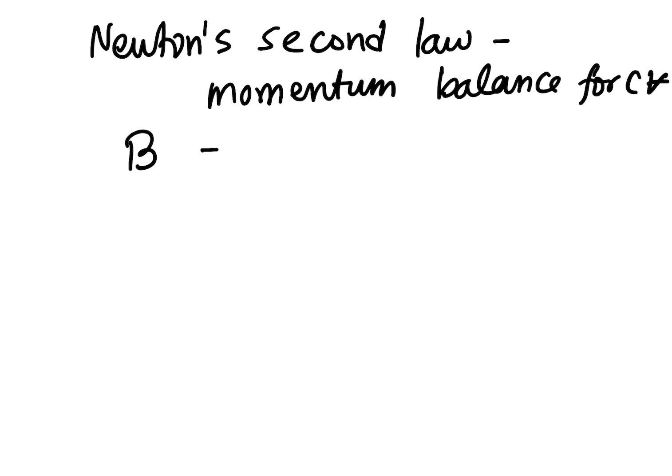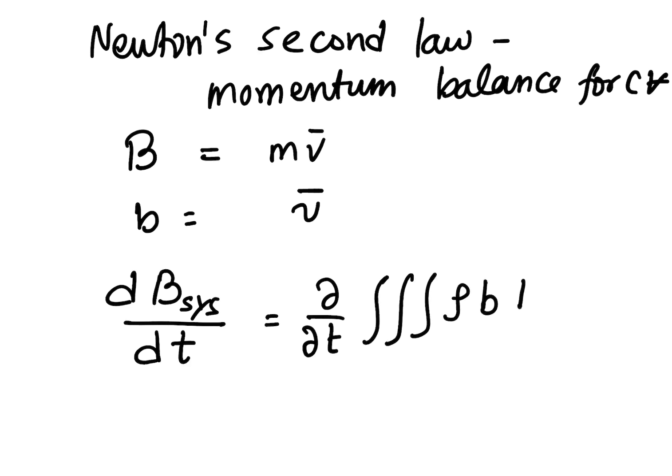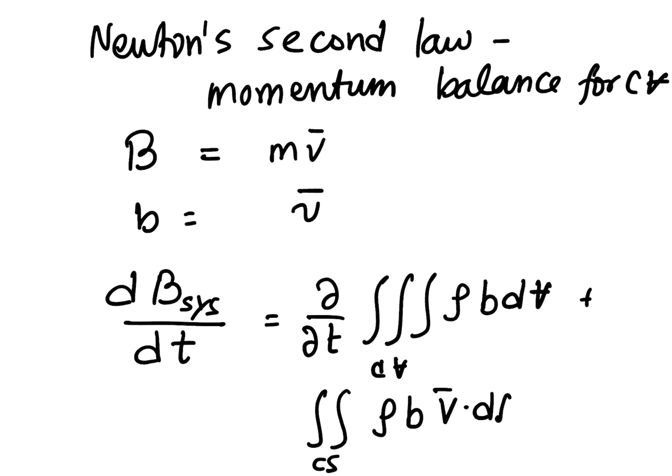In this case, our extensive property B is momentum and the corresponding intensive property is velocity. We write dB system divided by dt is the partial derivative with respect to time of the integral of rho b dV over the control volume plus the integral over the control surface of rho b v dot dA. Okay.